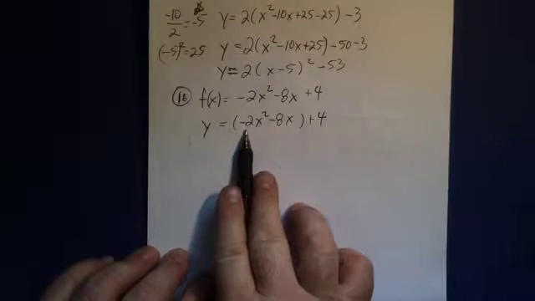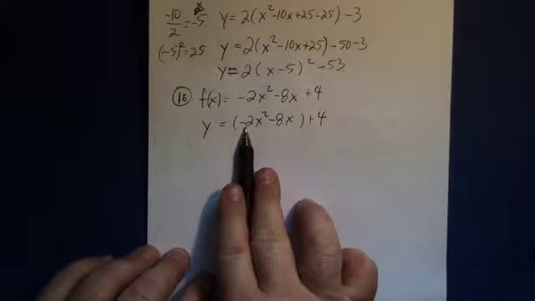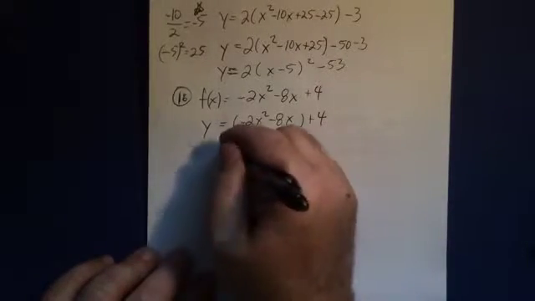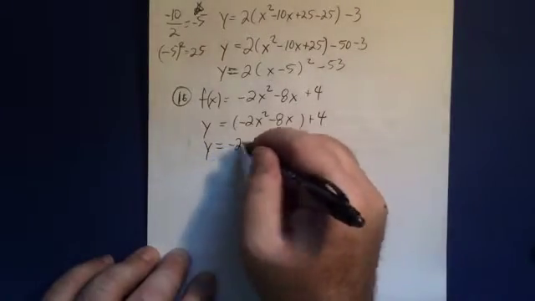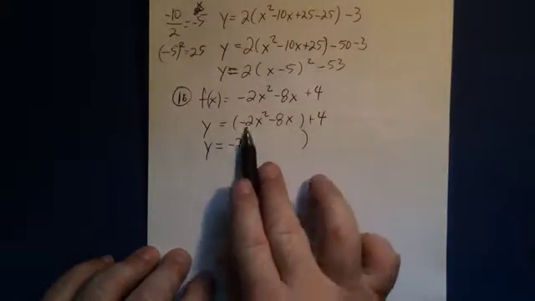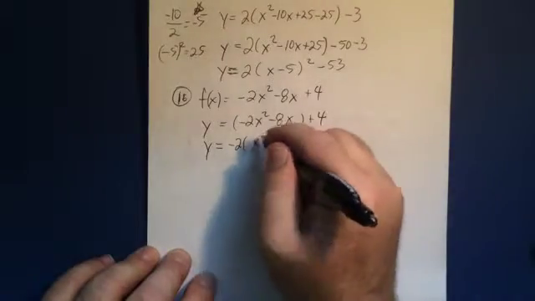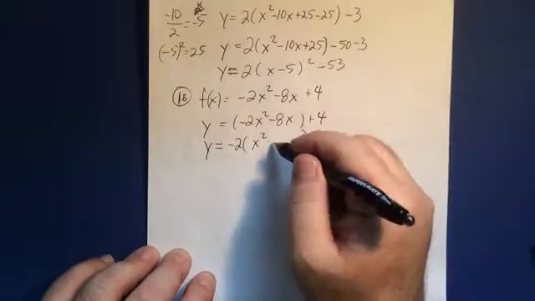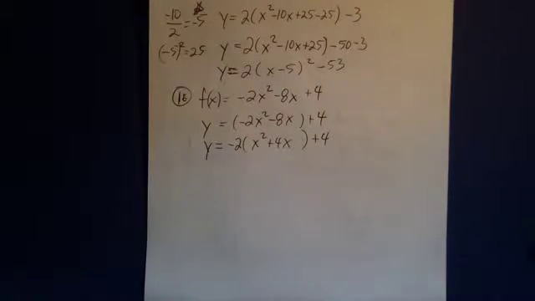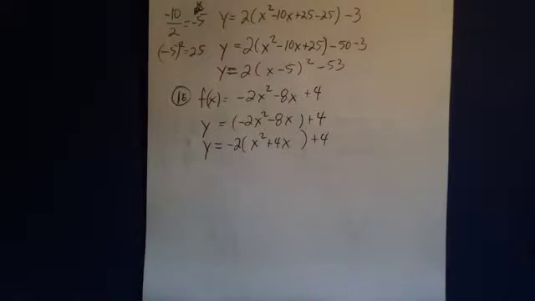I recognize here that I have a negative 2 for my a coefficient, so I need to factor out the 2 and the negative. So one thing you need to be careful of when you're doing this, as you factor out the negative, you have to switch the sign of everything on the inside. So if these are both negative, they're going to both become positive. And then this is going to become plus 4x plus 4. And that's going to really simplify this problem a great deal. Not only having the negative out, but having this be a 4.